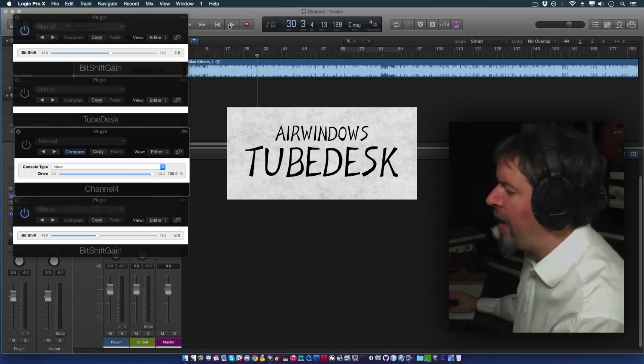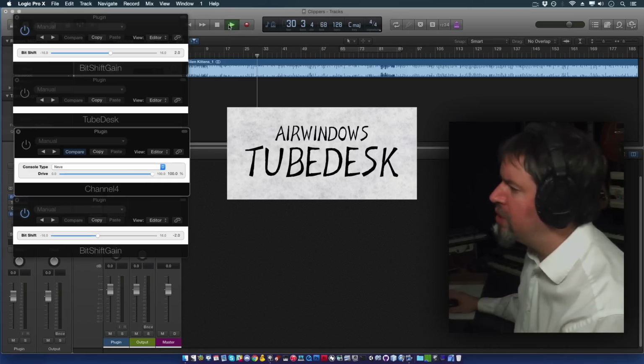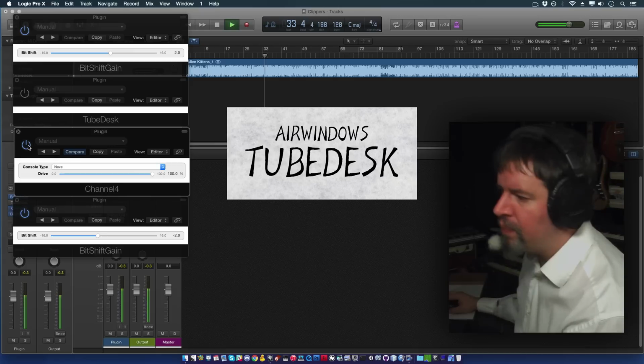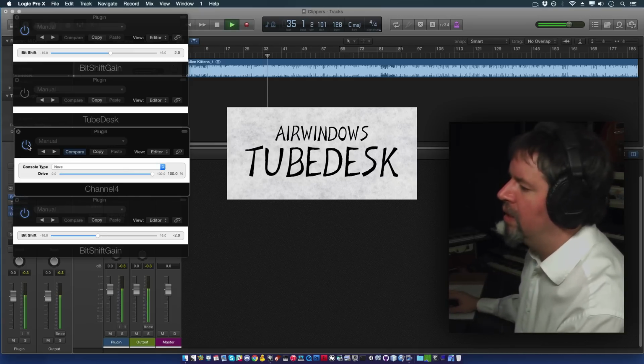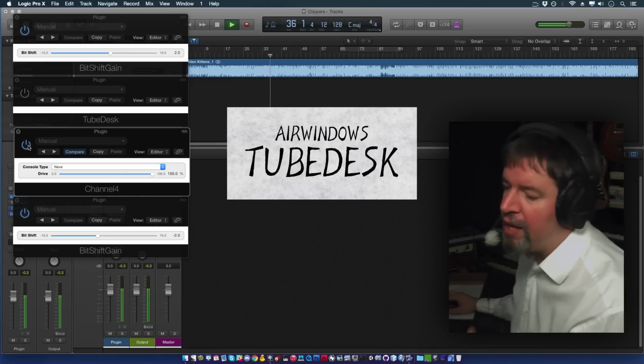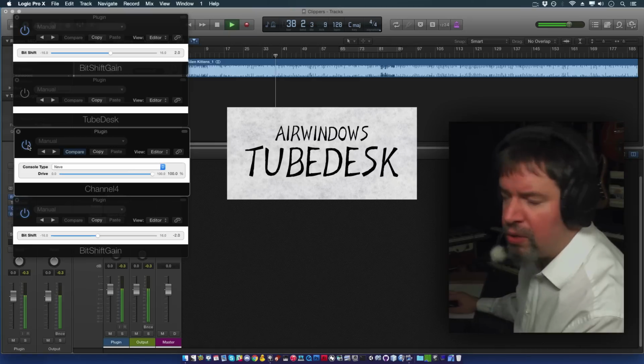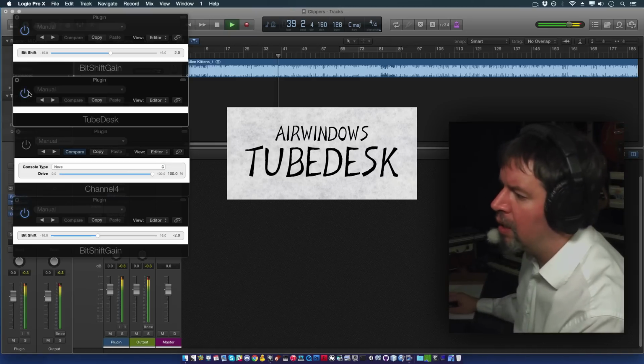What we get there at 12 dB of boost is this with the Channel 4. And again, Channel has always had a sort of distorting quality to it. And this is Desk.